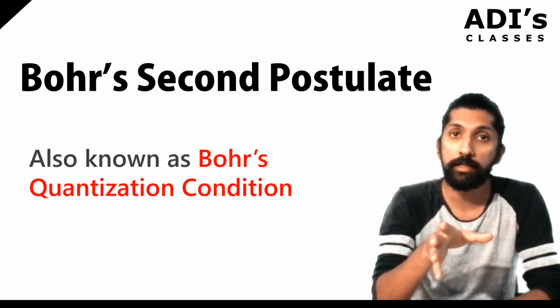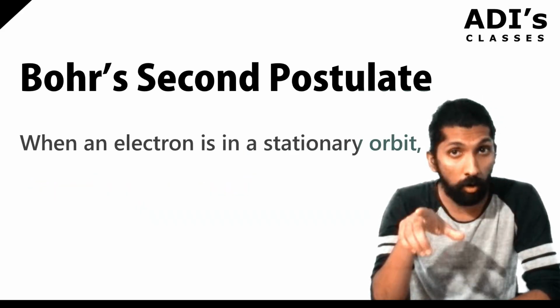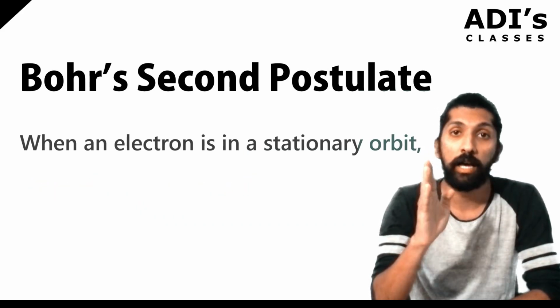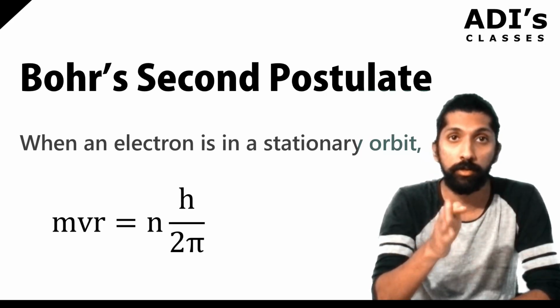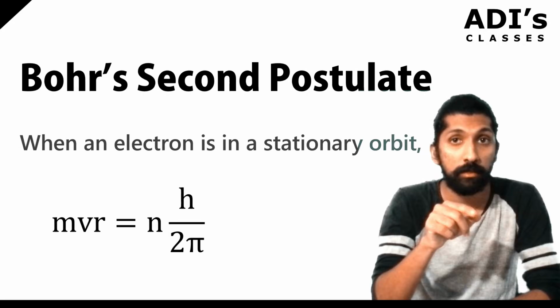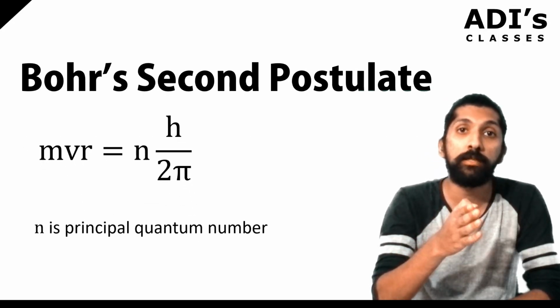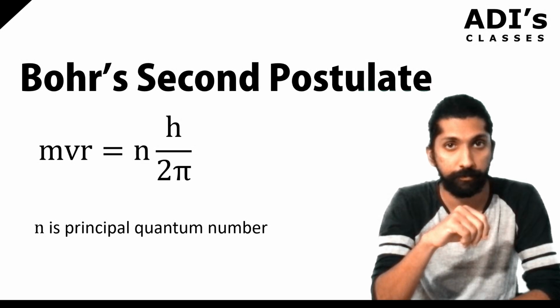For an electron in a stationary orbit, mvr equals nh by 2 pi, where n is 1, 2, 3, 4, also called the principal quantum number.